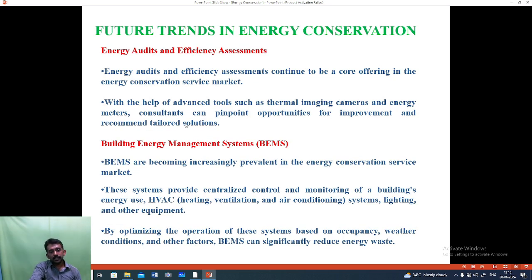So, future trends in energy conservation are energy audits and efficiency assessment. Coming to the next part, the third part is energy audit.